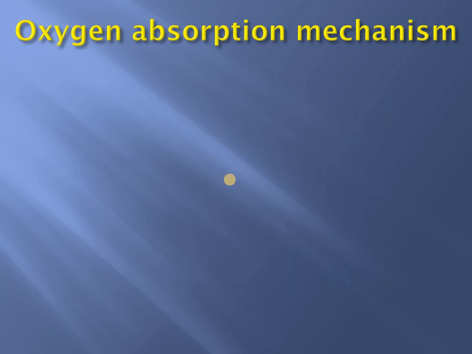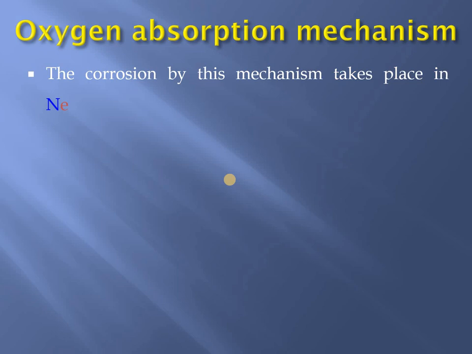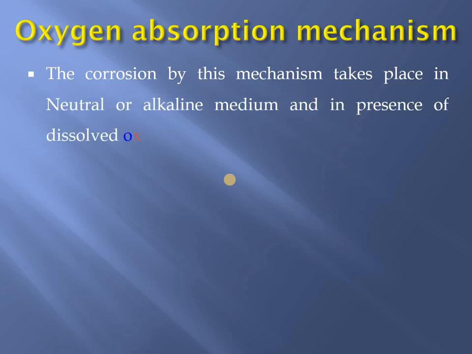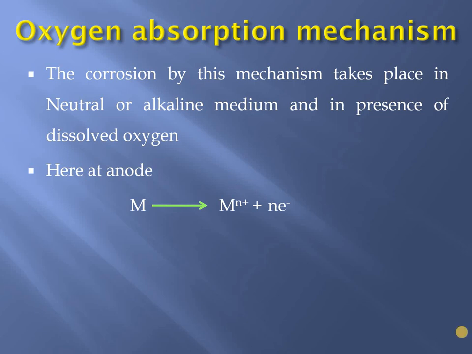Now again I will explain. The corrosion by this mechanism takes place in the neutral or alkaline medium and in presence of dissolved oxygen. Here at anode, the metal undergoes oxidation to give the electrons. For example, Fe will get oxidized to Fe2+ and it will give 2 electrons. The process will be called oxidation.